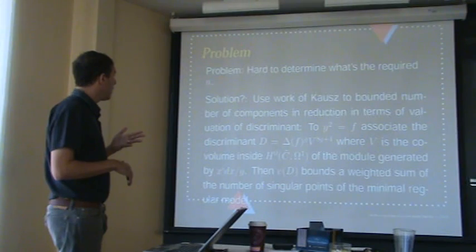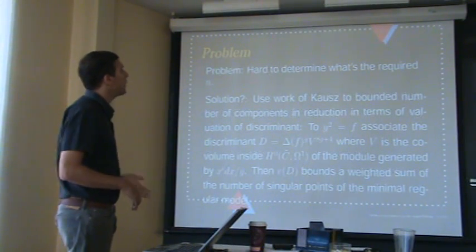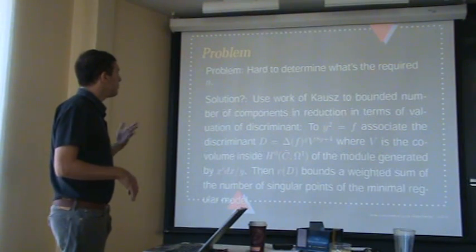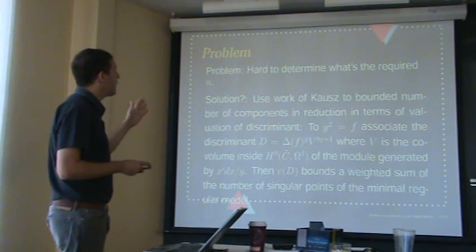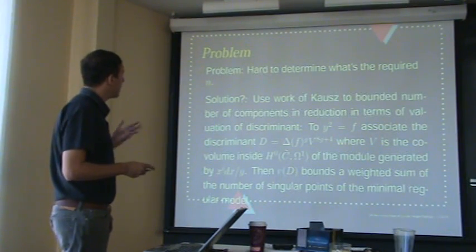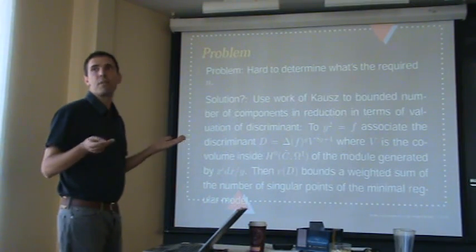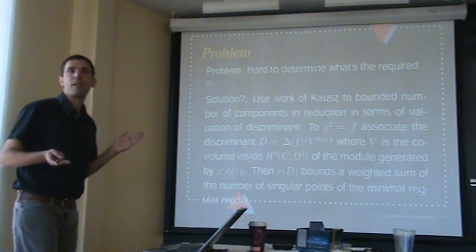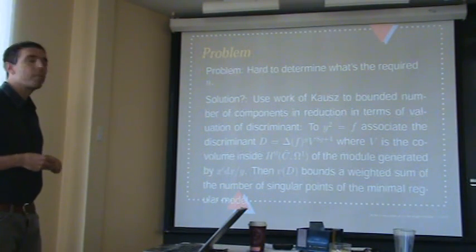You have to take this discriminant in the right way, but that's basically what it tells you. So by knowing the valuation of the discriminant, you can probably tell how far you need to go. For a first implementation, I just suggest taking n equals 100, and then I think you're safe by any count. So that's the rough sketch of the algorithm. Thanks.